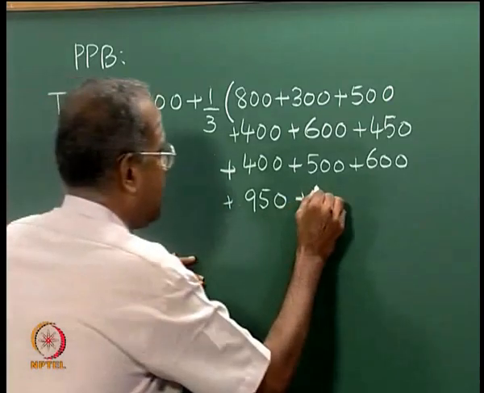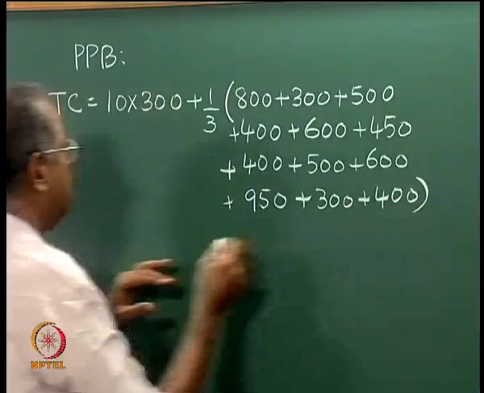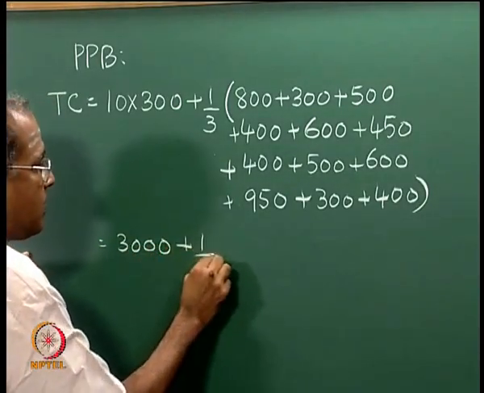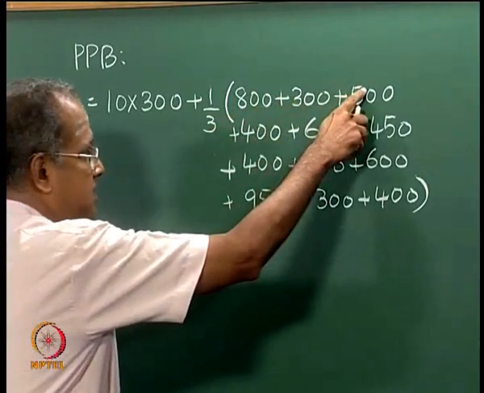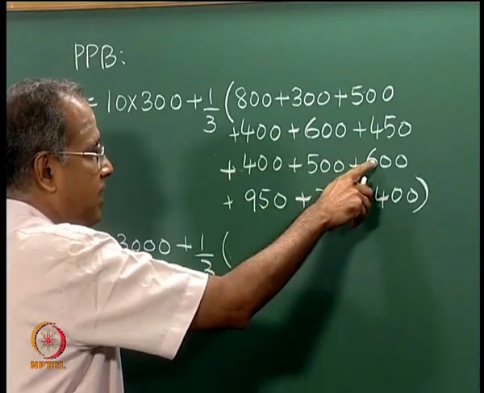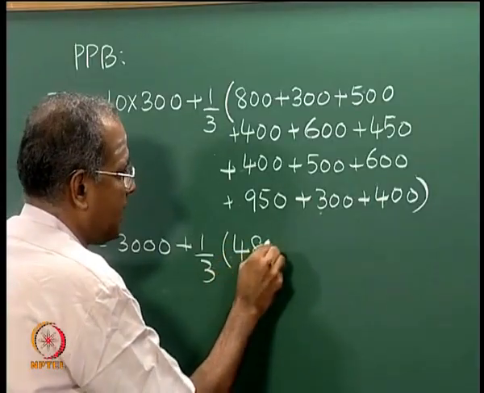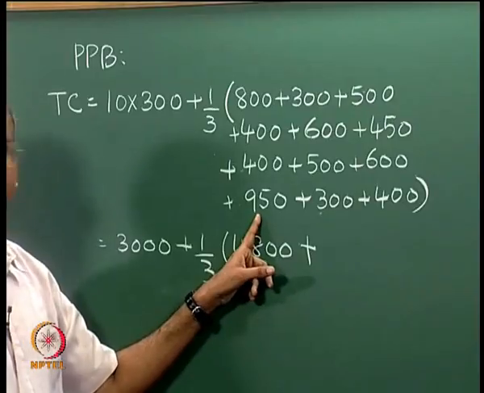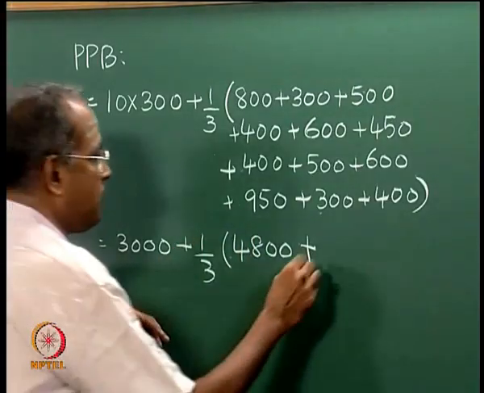So plus 300 plus 400, so this is 3000 plus 1 by 3 into 8, 11, 16, 20, 26, 30, 35, 41, 44, 48, 4800 plus 450 plus 950 is 1400.